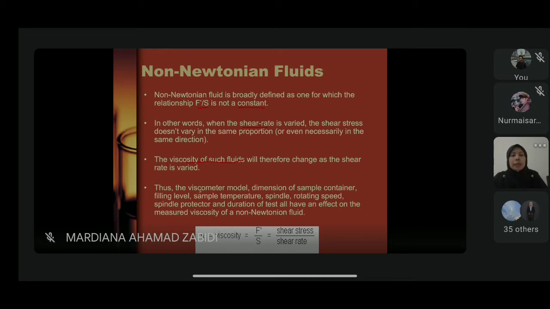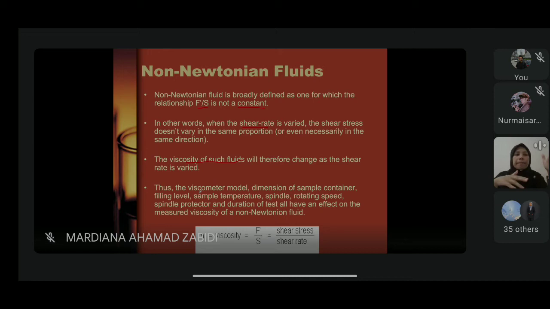So there is the use of viscometer model and the dimension of the sample container. For example, you put your sample in a beaker. The volume of the beaker and the volume of your sample also play a role in determining the viscosity of that particular product.